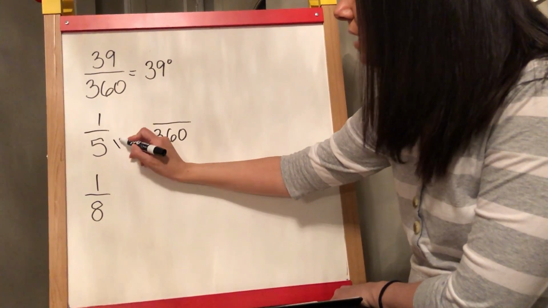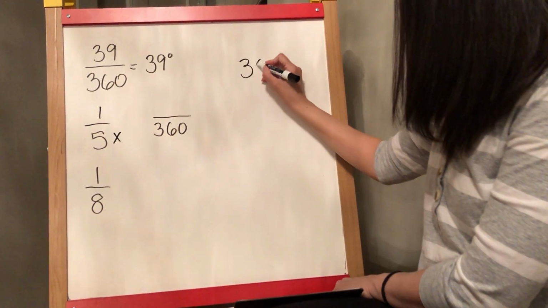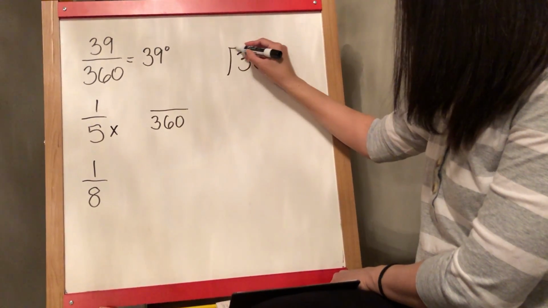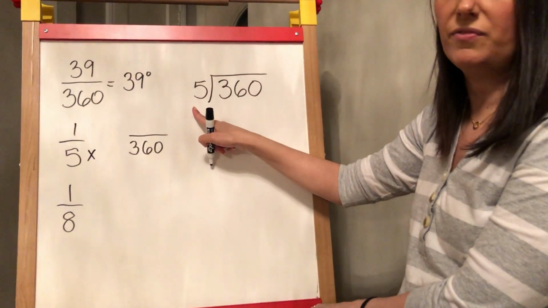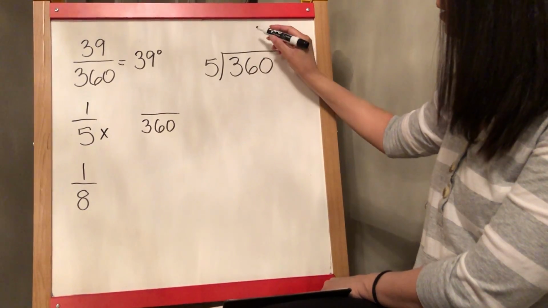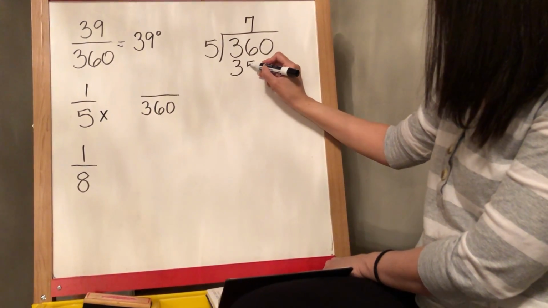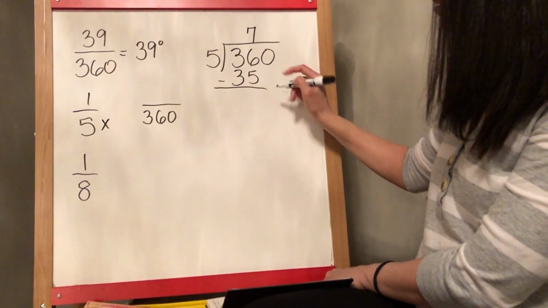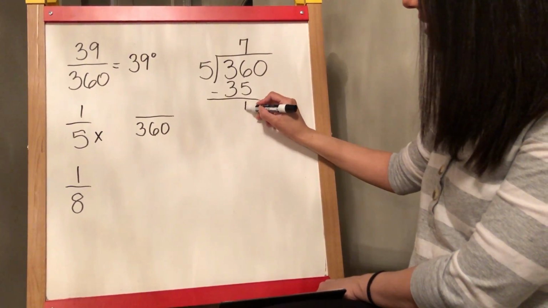So I'm going to have to do some work in my head. 5 times what number gives me 360? I'm going to have to divide because I don't know that off the top of my head. So I'm going to do 360 divided by 5. 5 goes into 36 7 times, and 5 times 7 is 35. Divide, multiply, subtract. 36 minus 35 is 1.